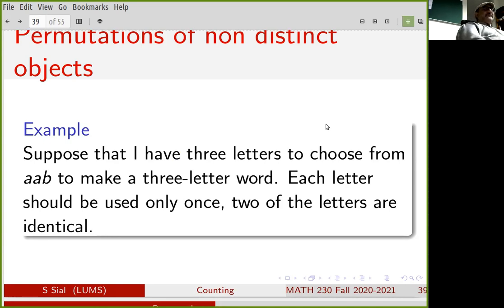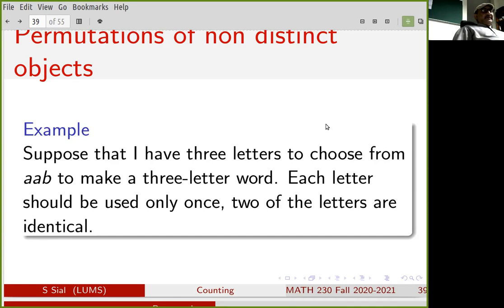How about if I use the ideas that I've been using before? Let's suppose that the symbols were all distinct. Then there would be 3 factorial words that I could write. However, 2 of the letters are in fact the same, so if I interchange those, nothing changes. It's not a new word. But when I said 3 factorial, I was claiming it would be a different word.